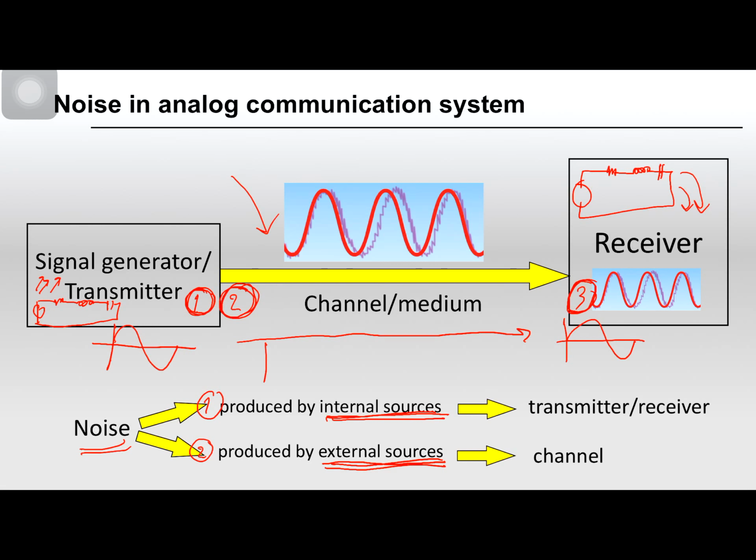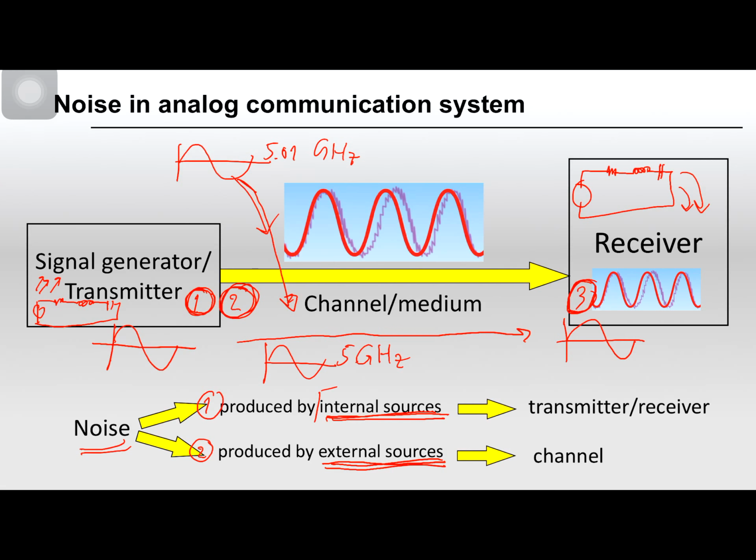For example, if we want to transmit the signal with 5 gigahertz, if anyone transmits the signal with the frequency of 5.01 gigahertz, that means this signal may generate noise to our signal. That means the source of the noise is generated from outside.